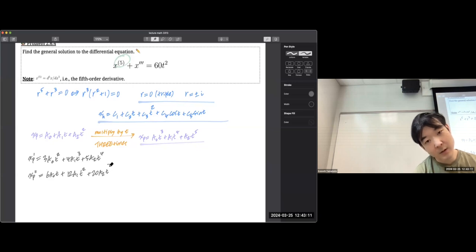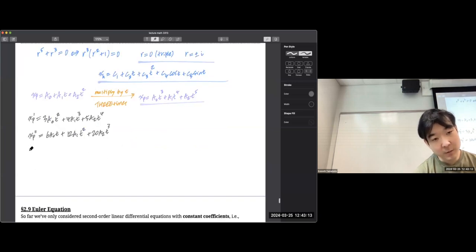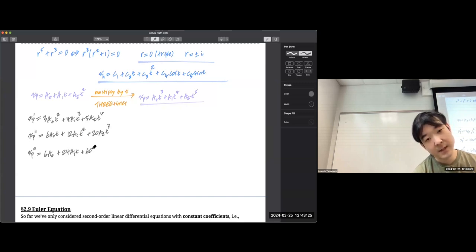It's just the power rule. And then xp triple prime will be 6a0 plus 24a1 t plus 60a2 t squared. And then xp quadruple prime, the first term goes away because 6a0 is just a constant, so you're left with 24a1 plus 120a2 t.